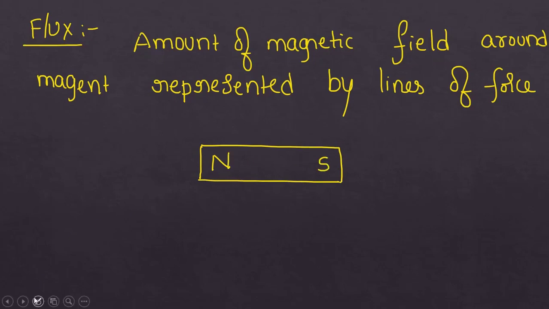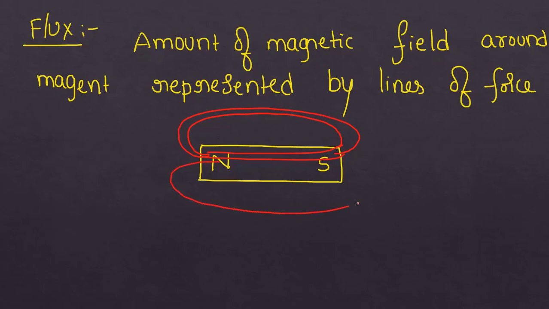Every magnet will have lines of force around it. They are closed lines, closed inside the magnet. These are nothing but the lines of force.